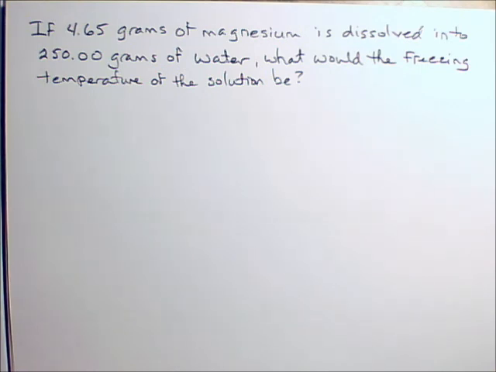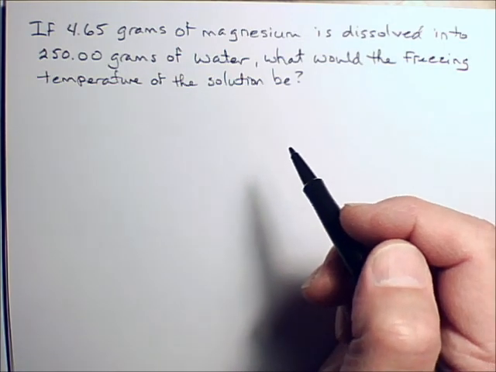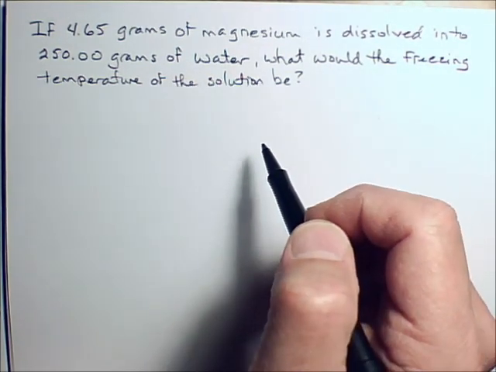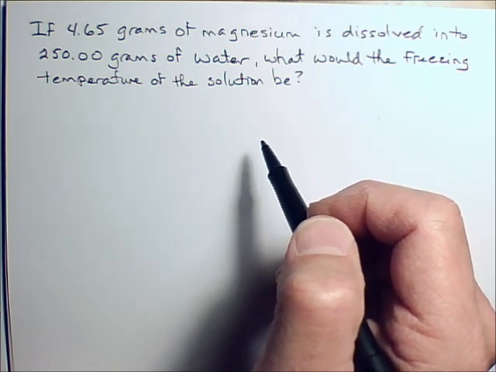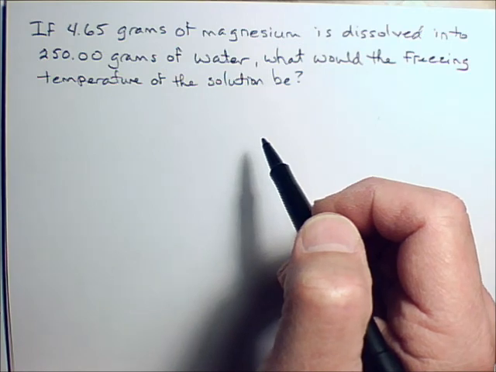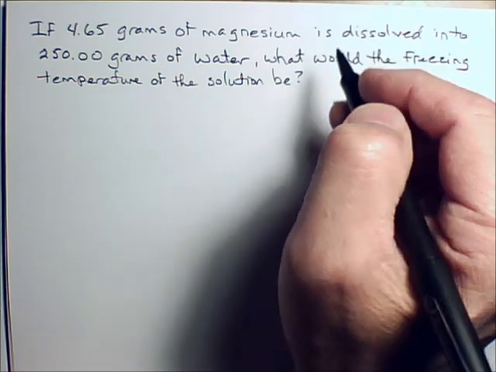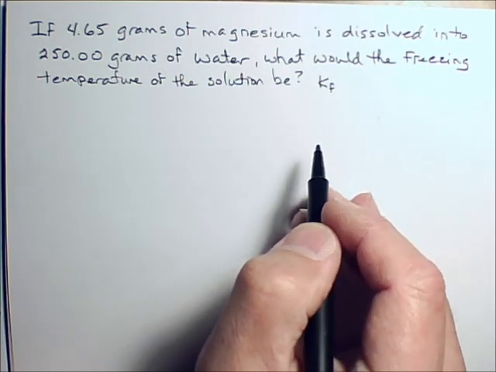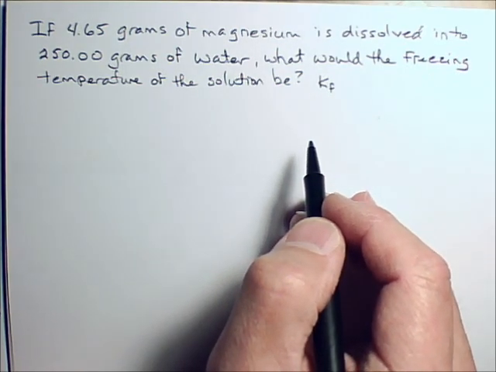Now I gave you in the problem for homework the freezing point constant for water. What was that? Yeah, it's negative 1.86. So the freezing point constant for water, this is only for water. It's not for any other solvent.